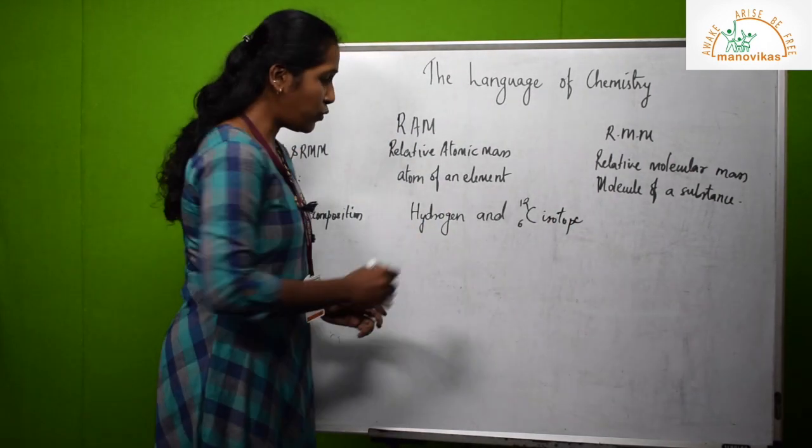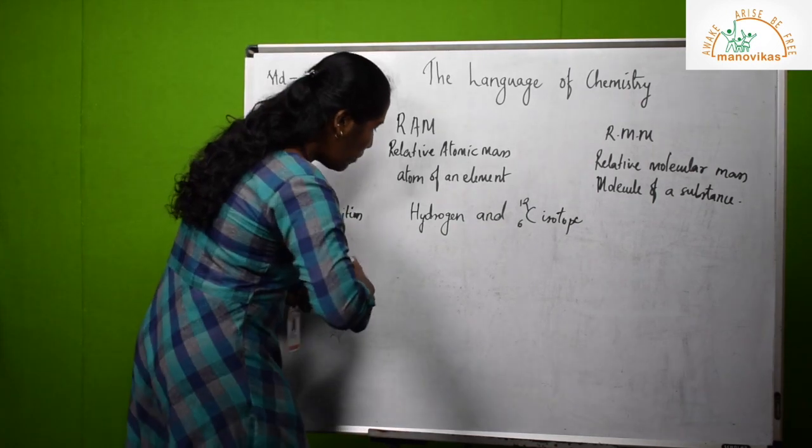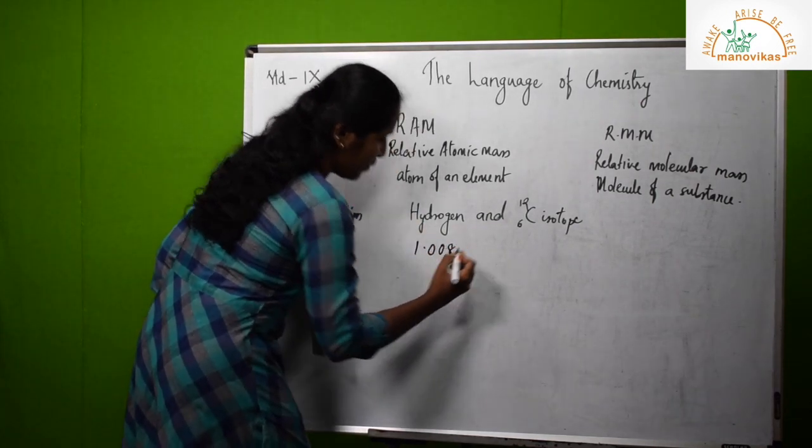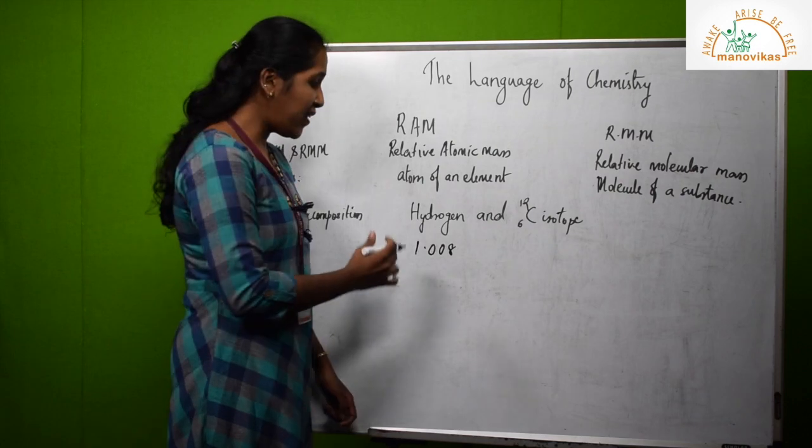When hydrogen was used, it worked out as 1.008, wherein hydrogen has 3 isotopes.